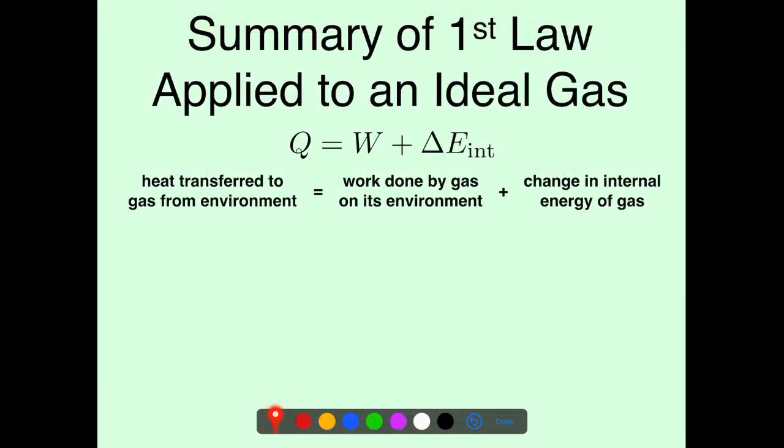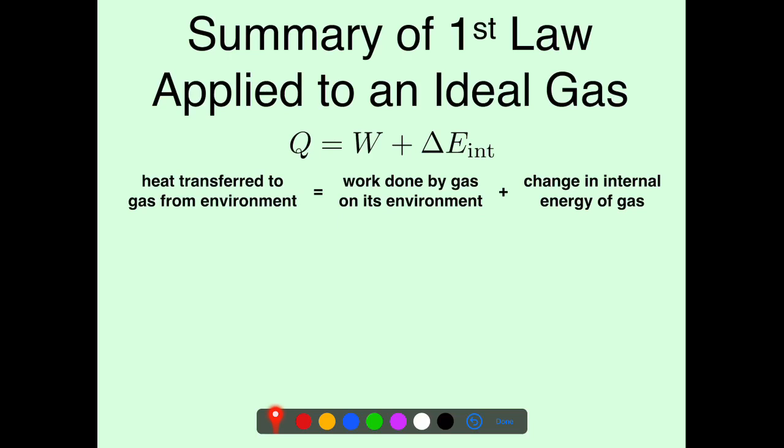Okay. So at this point, we should take a step back and try to summarize everything we've learned so far, dealing with the first law of thermodynamics applied to an ideal gas. So the equation that we started with is Q is equal to W plus delta E internal. That's the first law of thermodynamics applied to an ideal gas.